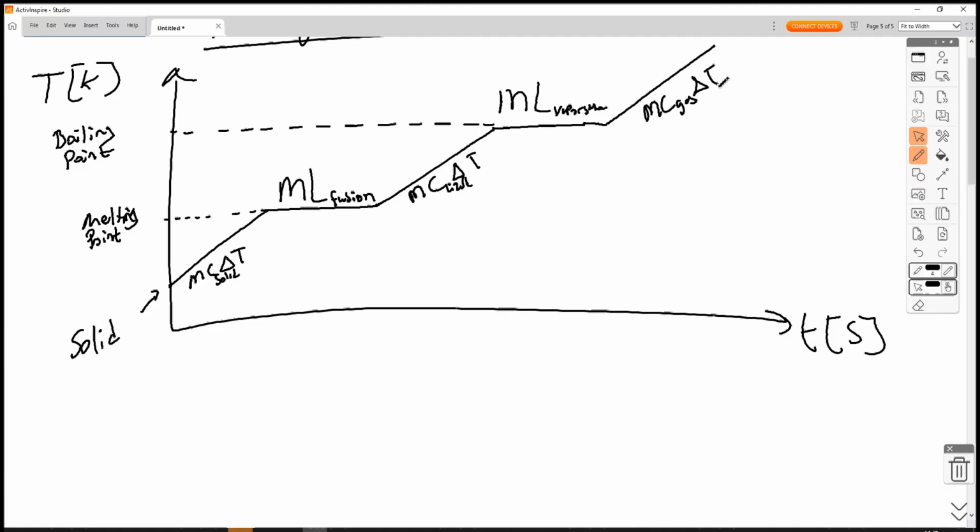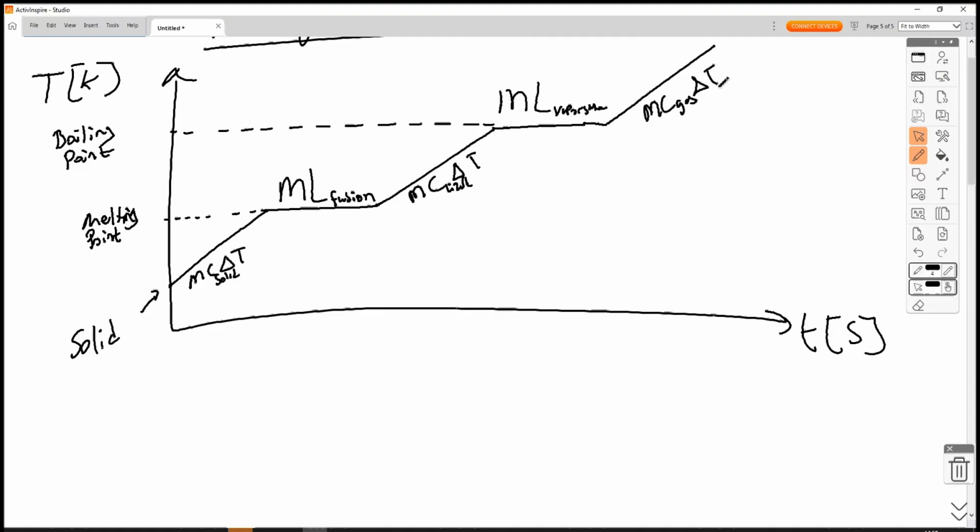Now, depending on the direction that you're moving in on this graph, it can be melting or it can be freezing. So as time goes forward, if the temperature is dropping, then you know that you're going to have something that's going from a gas to a liquid or a liquid to a solid. If the temperature is increasing as you have those plateaus, then it's going the other way.